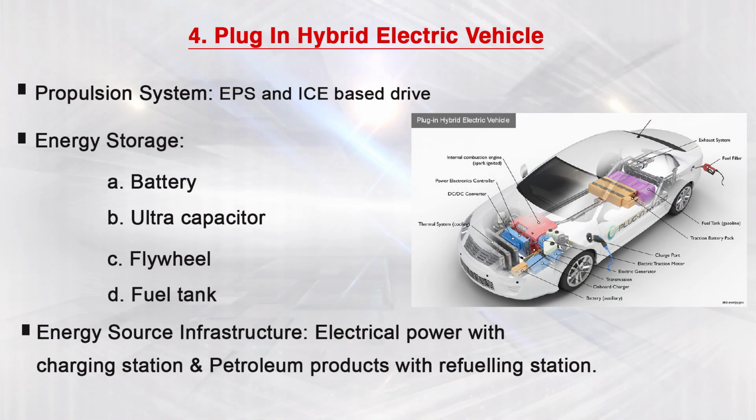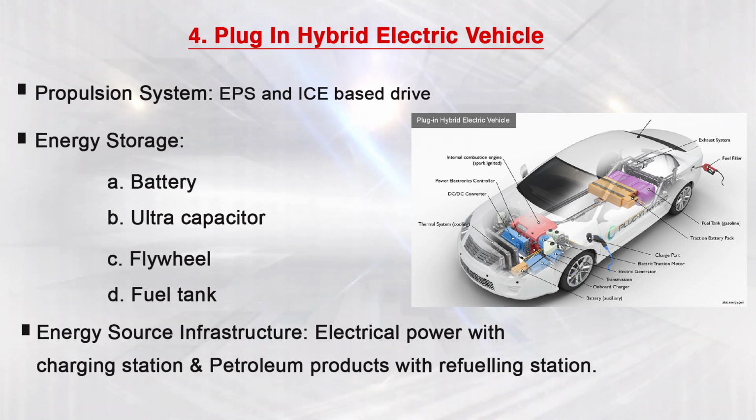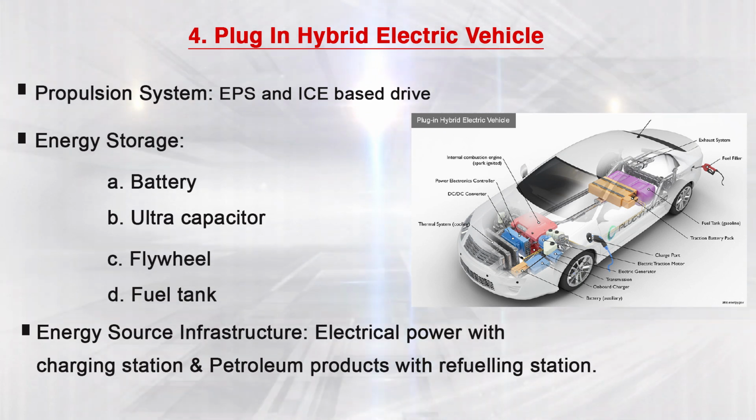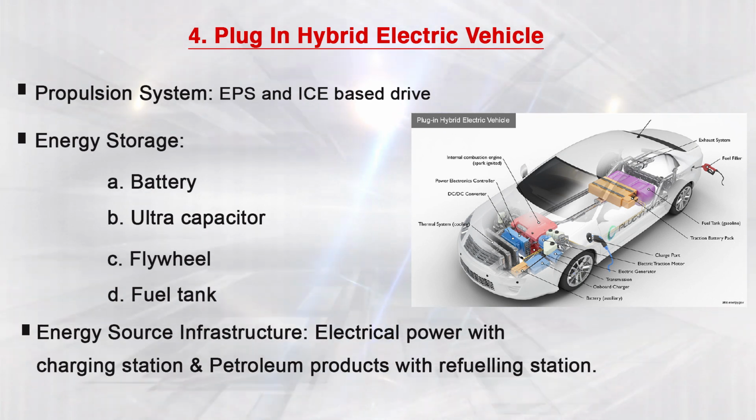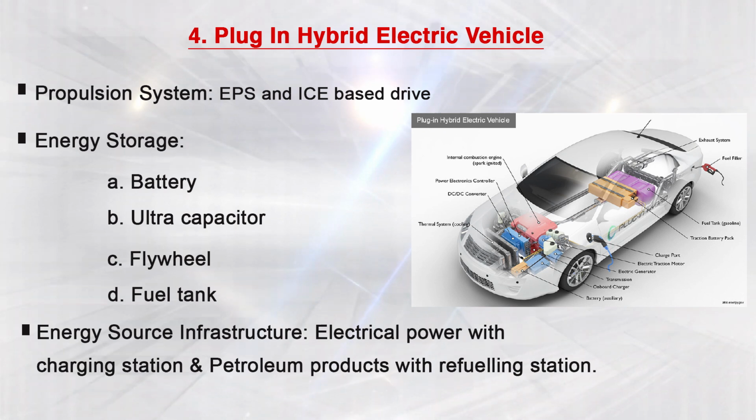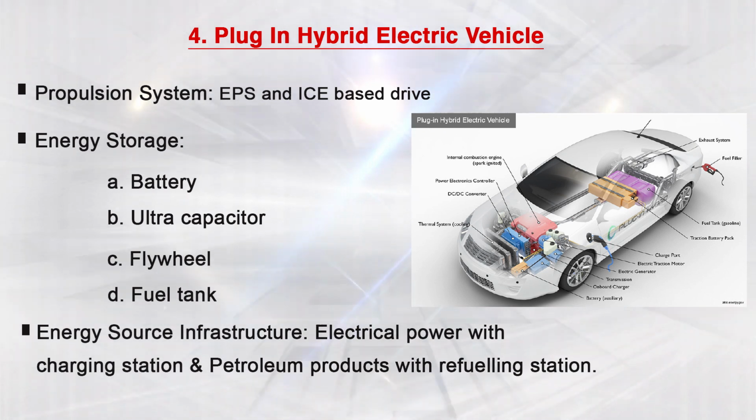Another important vehicle category is the plug-in hybrid electric vehicle. Again, it has an electric propulsion system and a mechanical propulsion system. Energy storage is very similar to the hybrid electric vehicle, and the energy source infrastructure is again very similar. However, it has an added charging station or charging facility along with it.